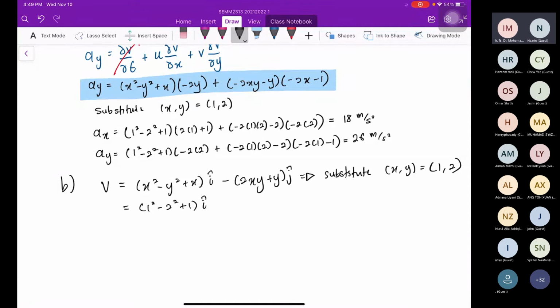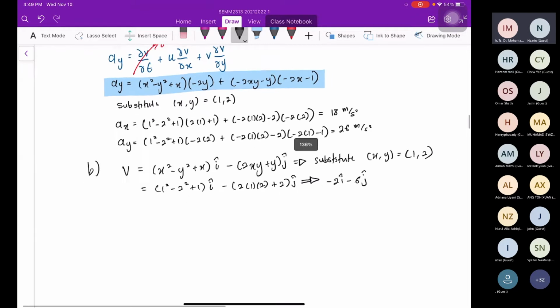This is I minus 2 multiply with 1 multiply with 2 plus 2. This is j. Okay, you will get here basically negative 2i minus 6j. Okay, this is the value of velocity lah.